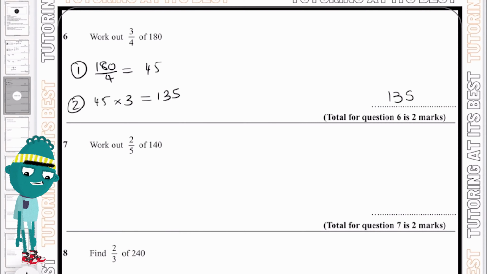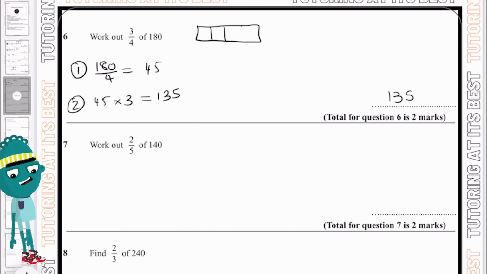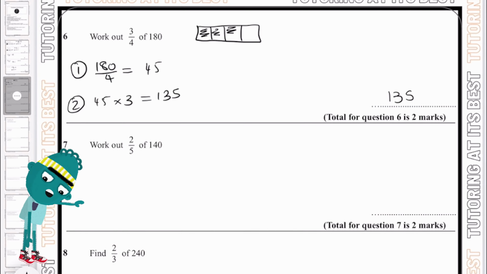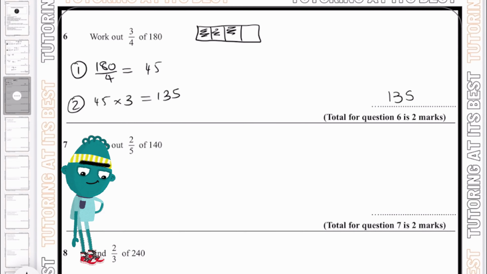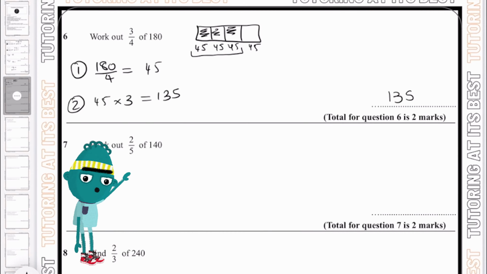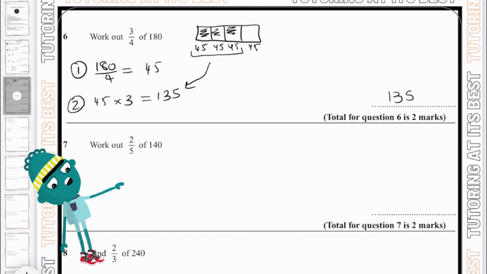Again, if I take a rectangle and split this into 4 equal parts, I know I need to work out 3 out of 4 equal parts. So if we know 1 is 45, we just simply add on the 3 that we need, and that would give us 135. Likewise, we'll do the same thing for number 7. We'll have 140.